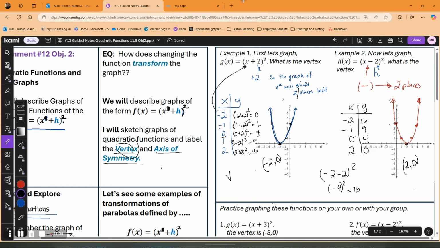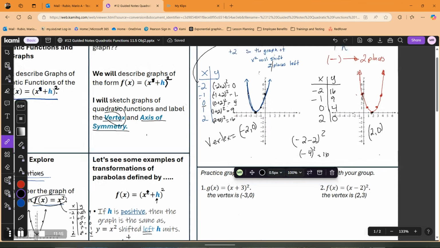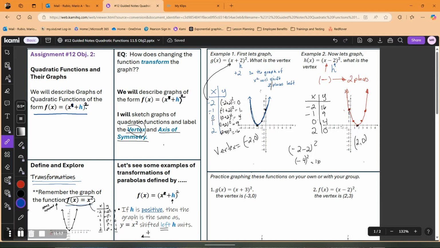So I'm going to put vertex. And a shortcut here is that the vertex, I should have defined it here. I'll put it right here. So look, the vertex is always going to equal h, 0 for this equation.